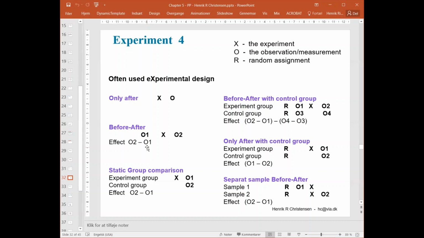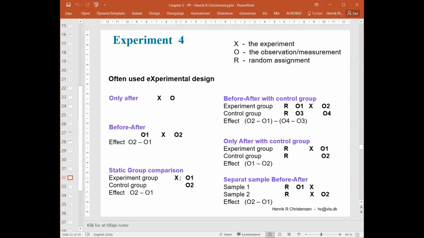That is why we often do some kind of comparison, and that is why we are throwing in these experiment groups and control groups. So if we look at the only-after design, we can't really say anything. If we go down to static group comparison, we have the same thing.